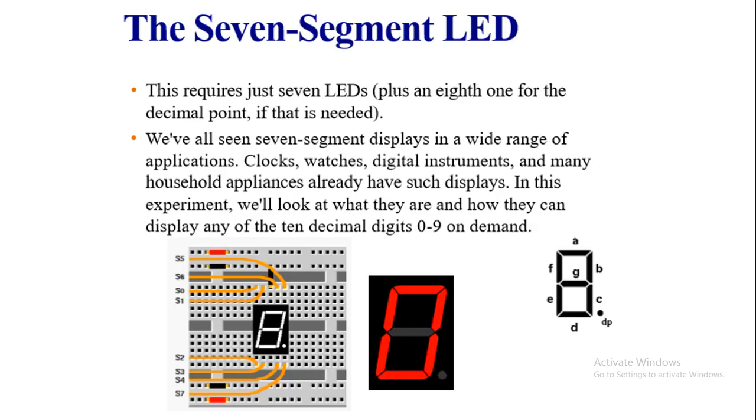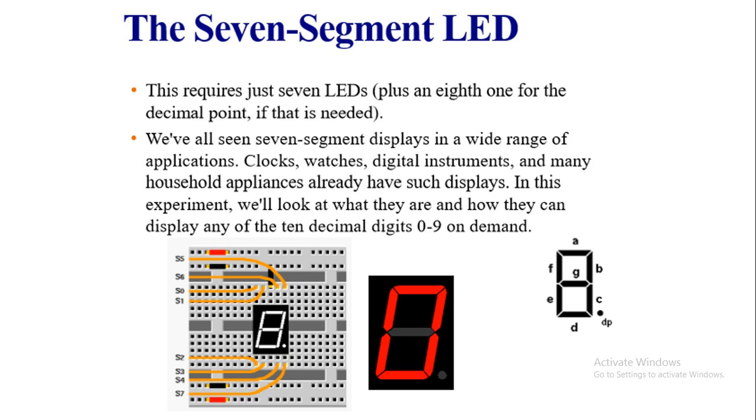The last application is the 7 segment LED, which requires just 7 LEDs plus 1 for the decimal point if needed. We have all seen 7 segment displays in a wide range of applications: clocks, watches, digital instruments, and many household applications already have such displays.